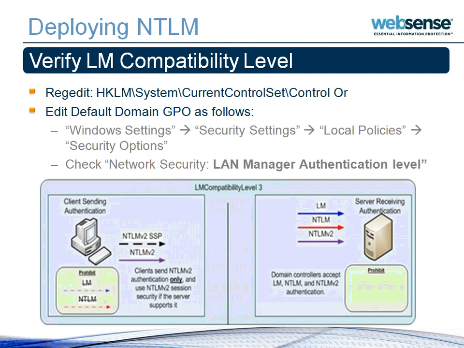As you can see on the client side, Vista and Windows 7 are going to be able to send NTLM version 2 requests or NTLM version 2 secure session requests to the server. The server accepts LM requests, NTLM version 1 and version 2 requests.